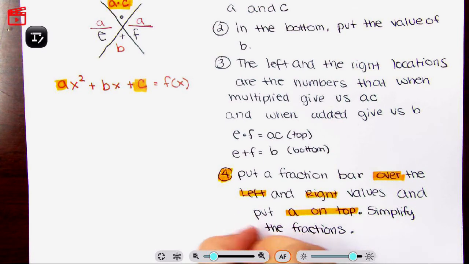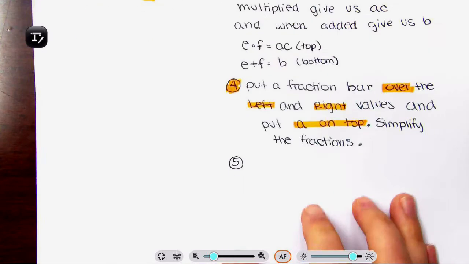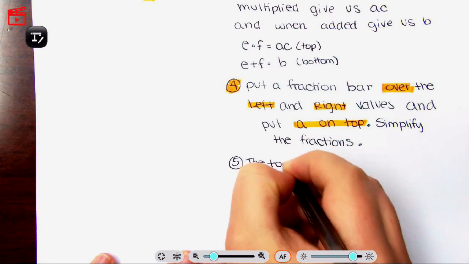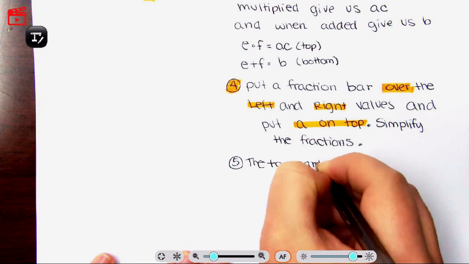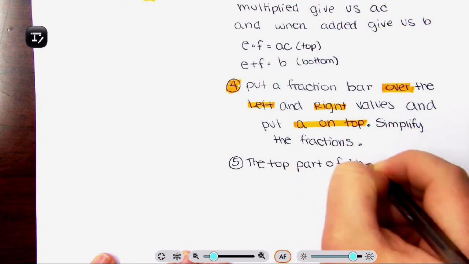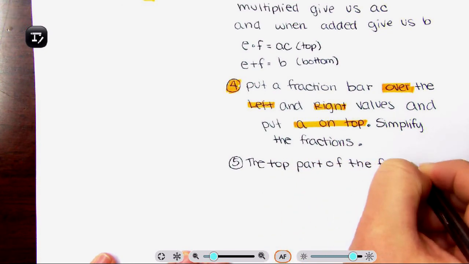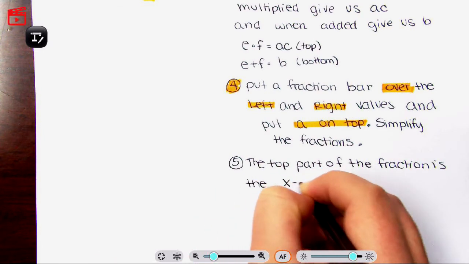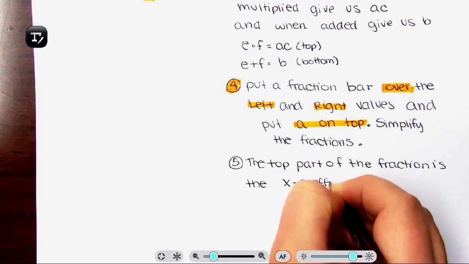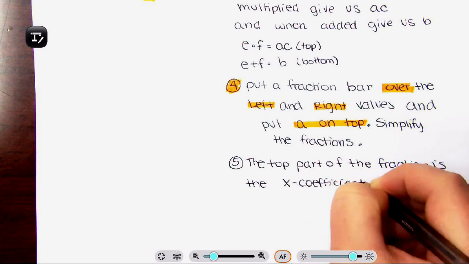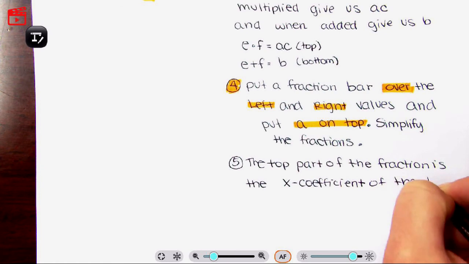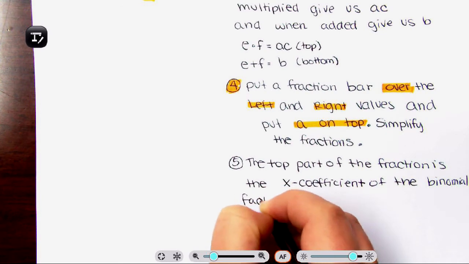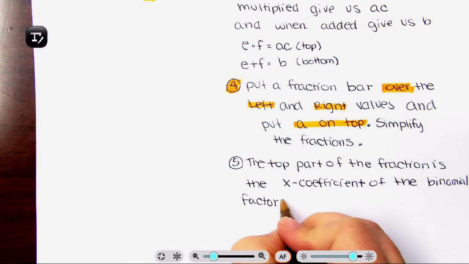Step number 5. This is why it will all make sense here in a second. The top part of the fraction is the x coefficient of the binomial factor. Again, factor is just the bubble.